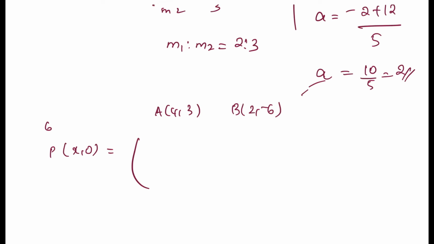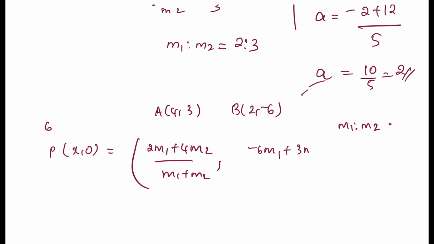So if I take the ratio m1 is to m2, what will be the point here? I will get 2m1 plus 4m2 by m1 plus m2, and for y it will be minus 6m1 plus 3m2 by m1 plus m2.